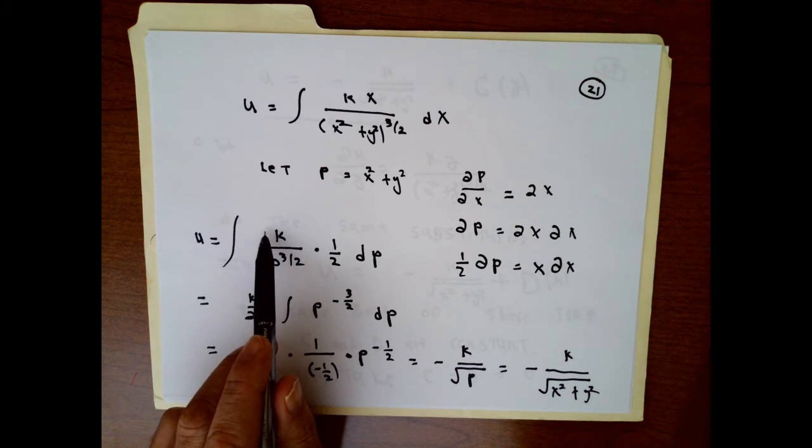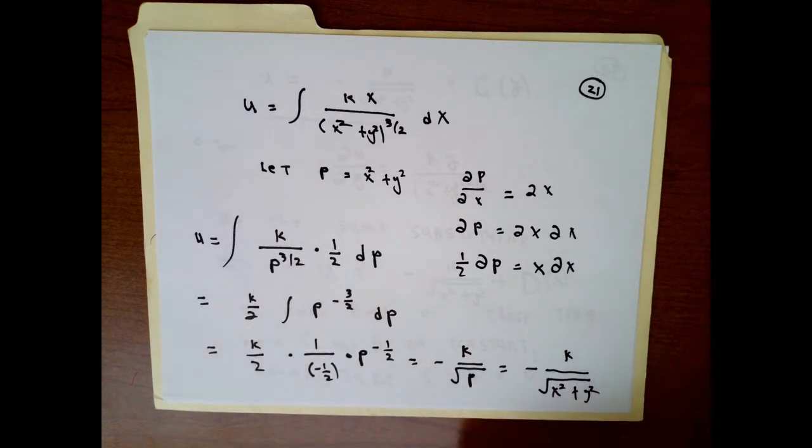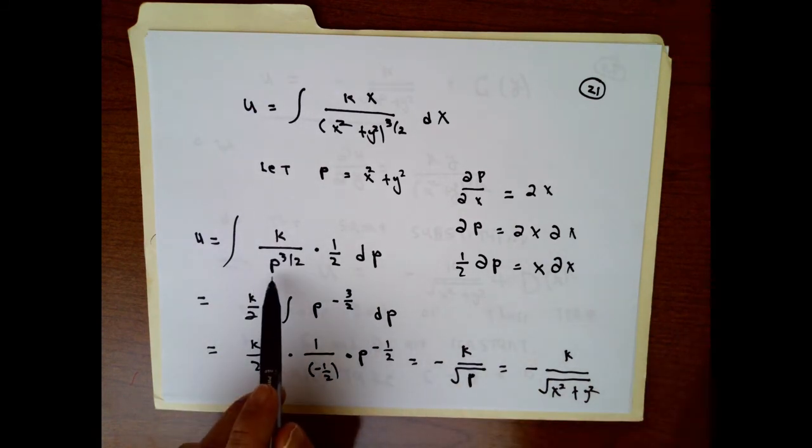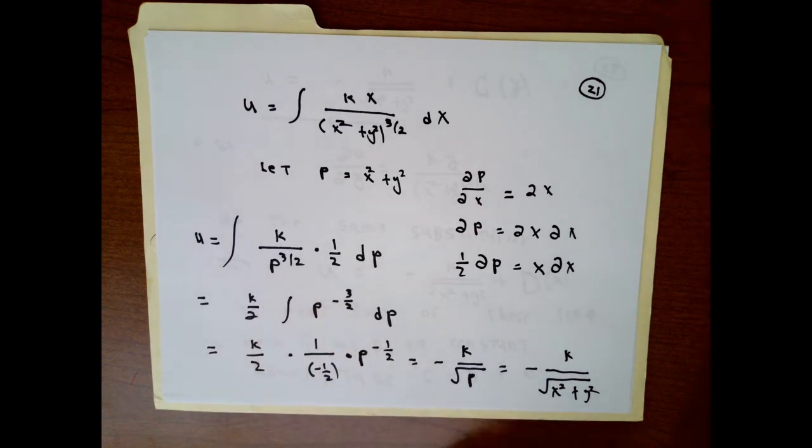I've got my constant. I've already taken care of the x, and the number on the bottom is the 3/2 power of x squared plus y squared. After making these substitutions and pulling constants out front, all I have to do is integrate the negative 3/2 power of p with respect to p, which is easy. We could do that in Calculus 1.